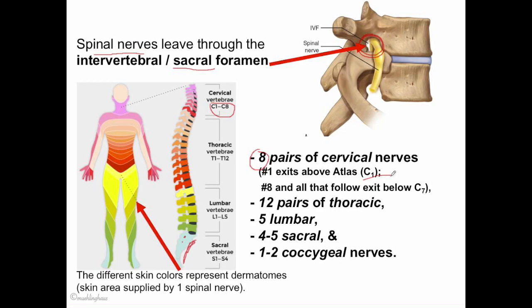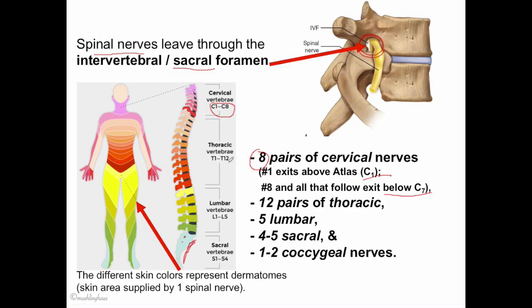The C7 spinal nerve comes out above the vertebra, but the C8 comes out below the C7 vertebra, and then everybody else is always named after the vertebra above, which means the nerve comes out below it.